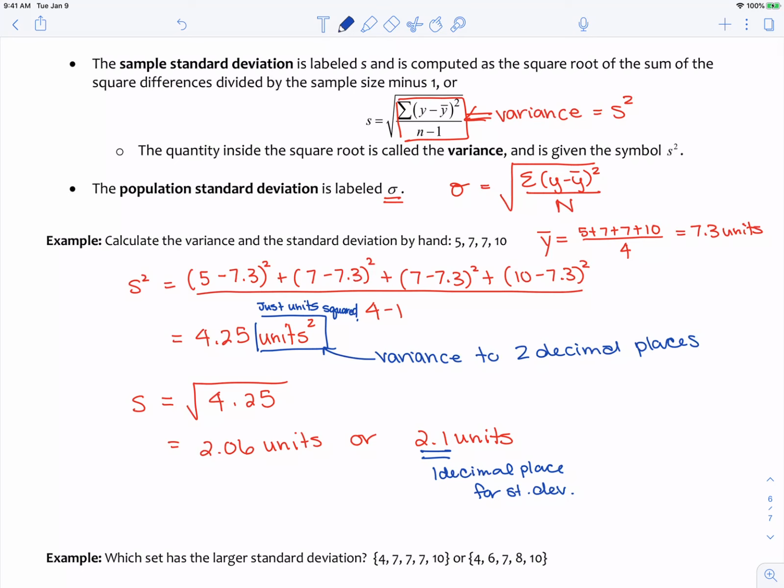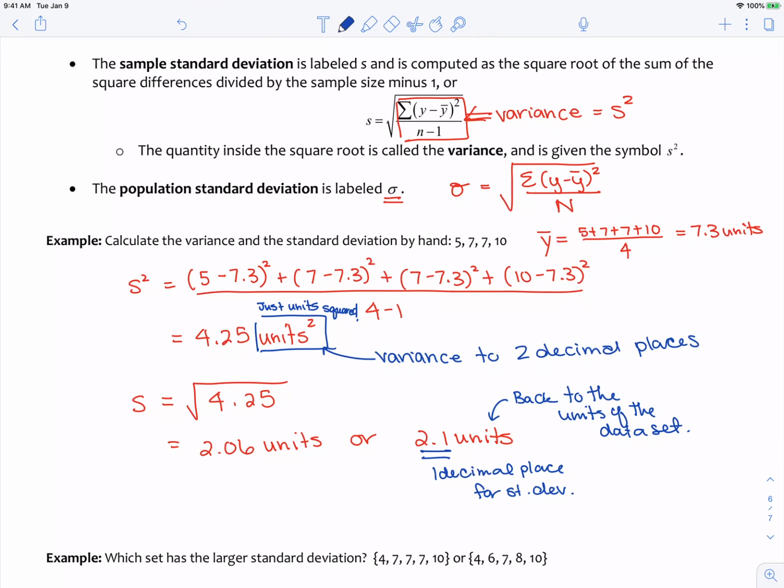And then since we took the square root, we took the square root of those squared units as well. So that takes us back to the units of the data, back to the units of the data set.